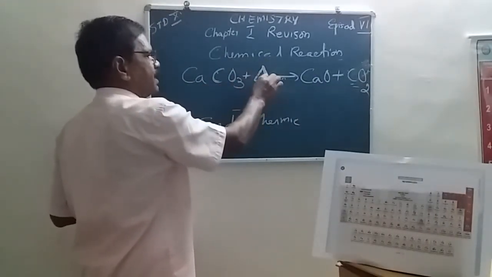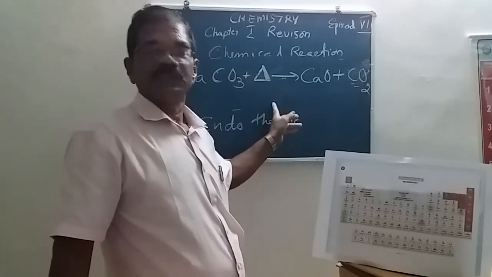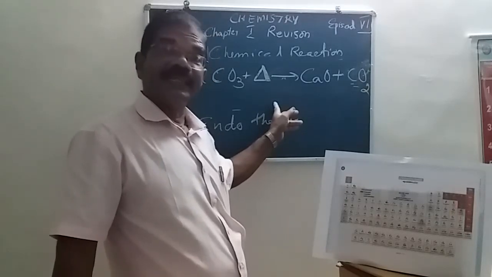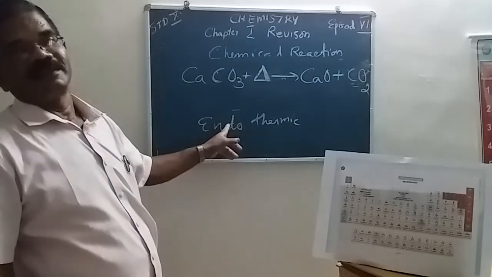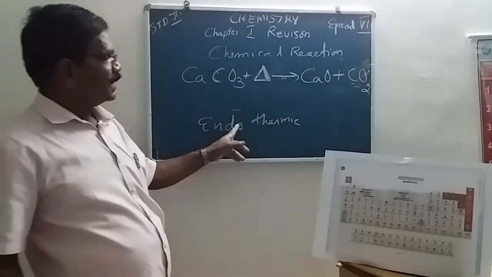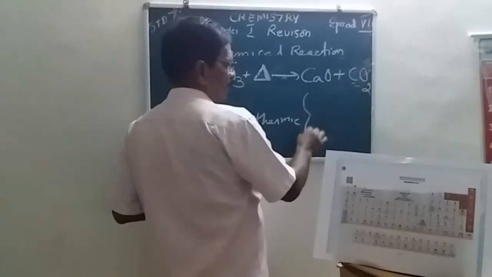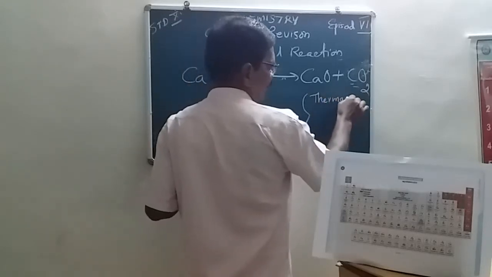What do we mean by endothermic reactions? It is just the opposite of exothermic. In exo means exit, heat evolved, heat released. Here endo means heat absorbed. These endothermic reactions are again classified into three. One, thermochemical.